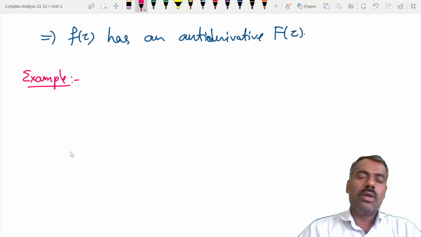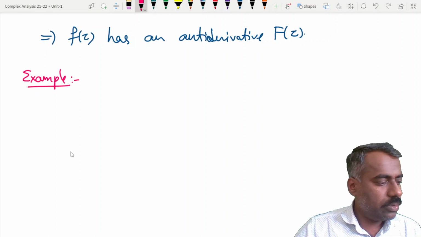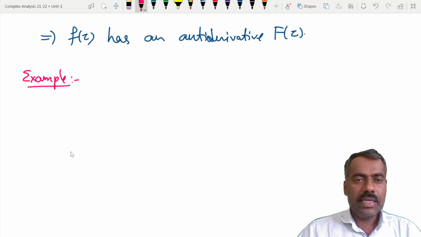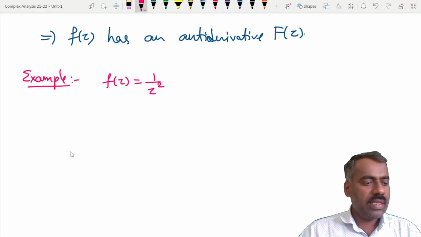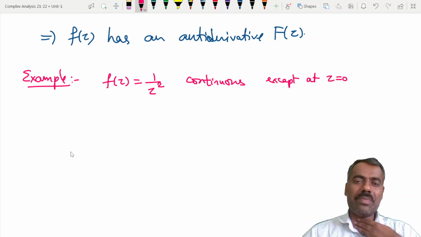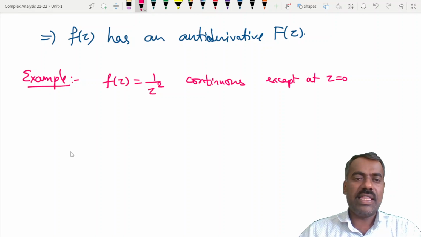For example, from the book itself, suppose we quickly take f of z is equal to 1 by z square. Then we know that it is continuous everywhere except at z is equal to 0. So if you take the entire plane minus 0, that is your domain, then on this it is continuous.